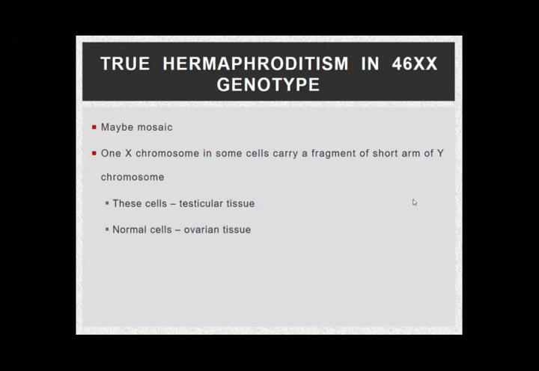These cells develop into testicular tissue, and the normal cells, since the genotype is XX, the normal cells will develop into ovarian tissue. However, one X chromosome may carry a small fragment of Y chromosome, short arm of Y chromosome.